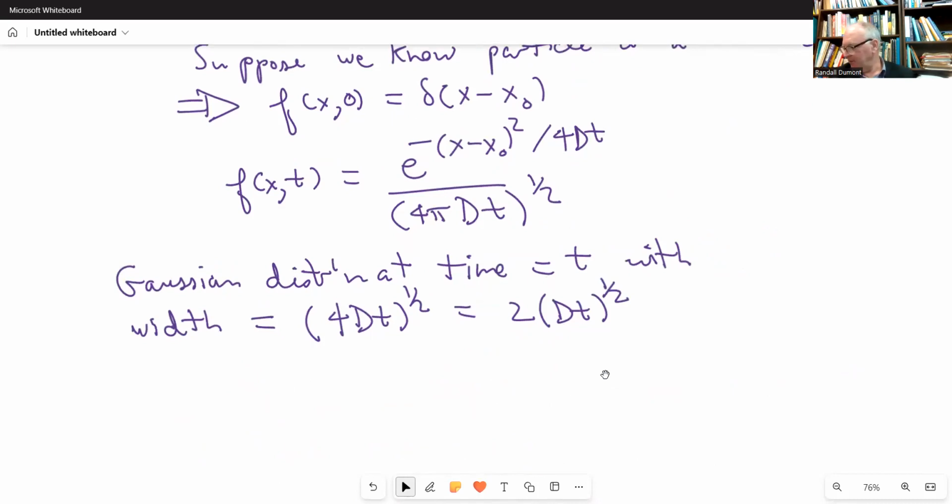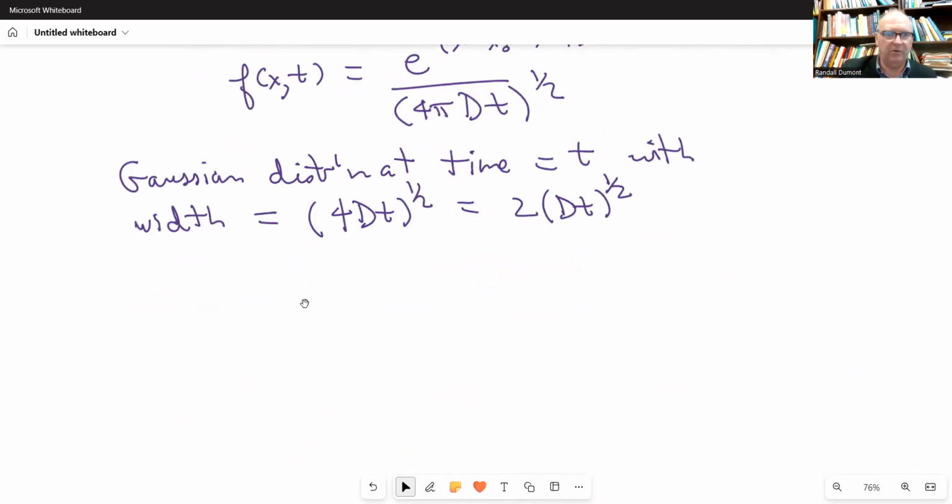Okay, what's next? Yeah, so we're going to be more explicit now and characterize the width explicitly.